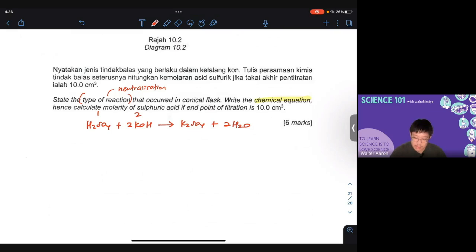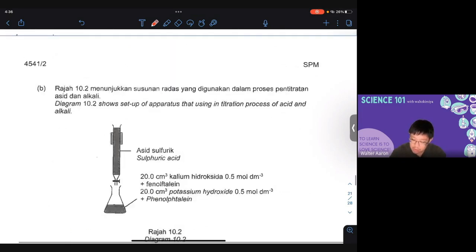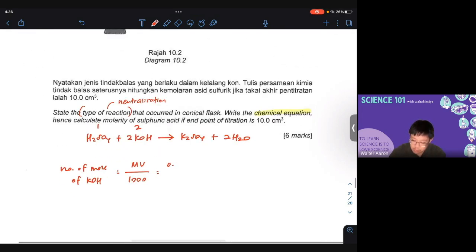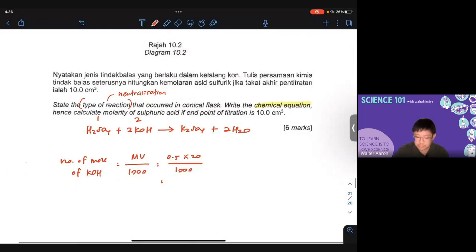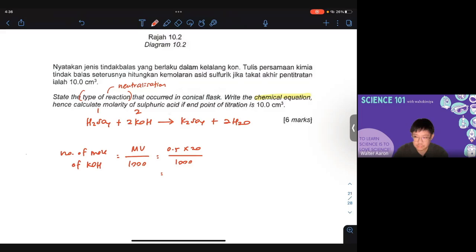So let's calculate the number of mole of potassium hydroxide first. Okay, so number of mole of KOH, we can use MV over 1000 in this case. So just now we saw 0.5 times 20 divided by 1000. Actually, you know what?